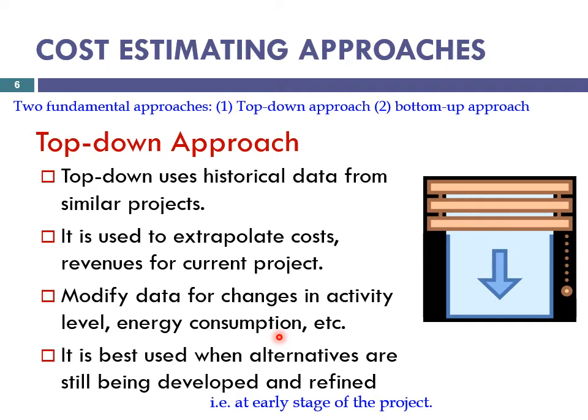Now in the current project, you will produce the same item, but in a different size. So using the data for the past project, we want to estimate the future one. So how would the size affect the cost, the revenue, and etc. So how do we do it?